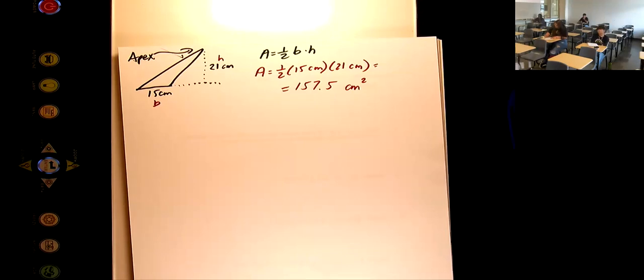And since we don't have the other sides of the triangle, we can't really find the perimeter on this one.